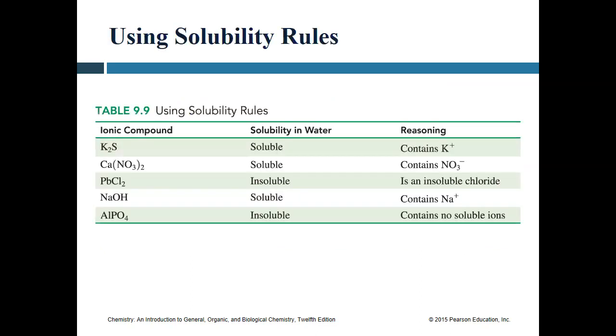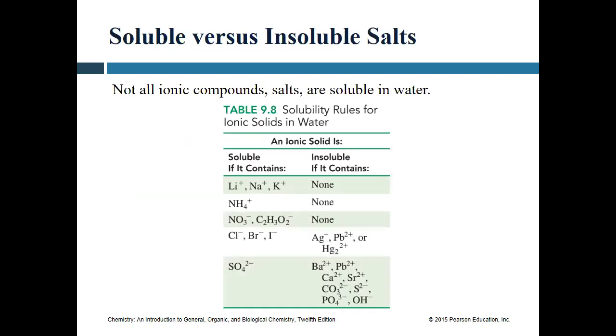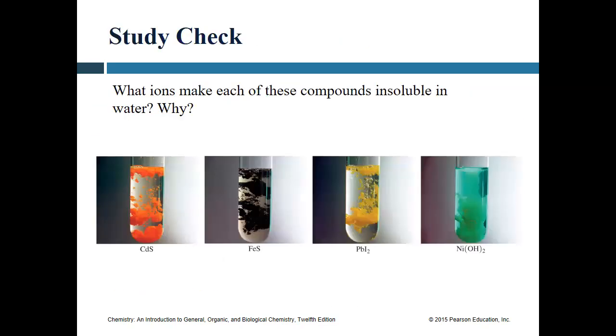This is kind of an incomplete list. But if I look at this list here, it's insoluble if it contains the sulfide ion. Well, cadmium sulfide and iron sulfide contain sulfides. So why are these precipitating? Why are these insoluble? Because of the presence of sulfides.